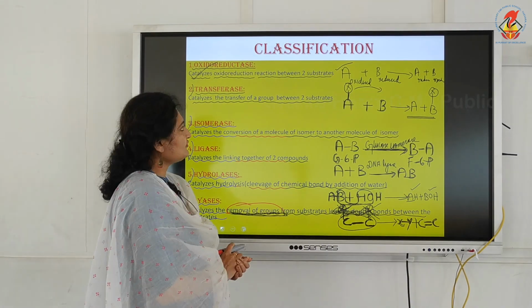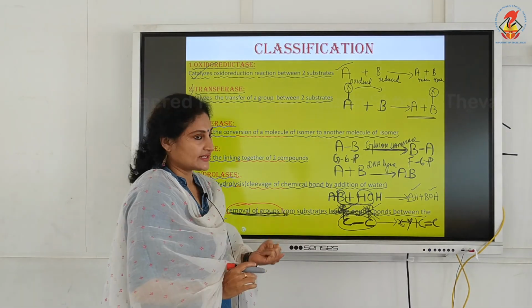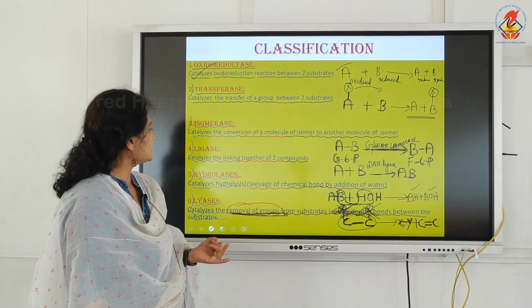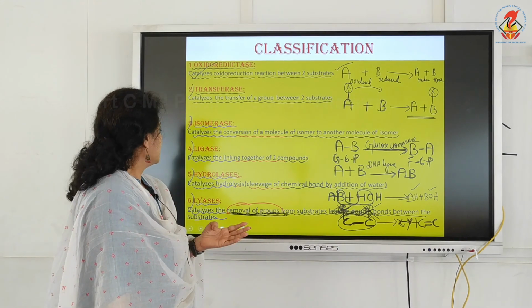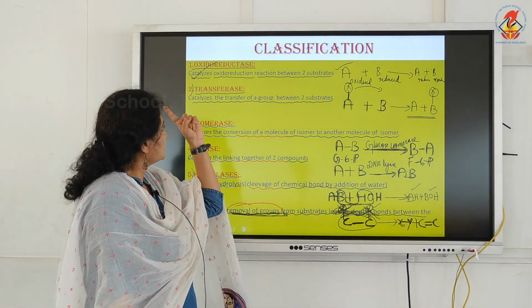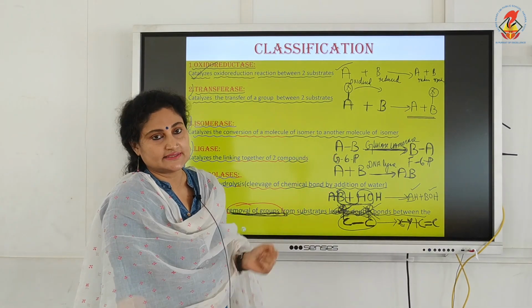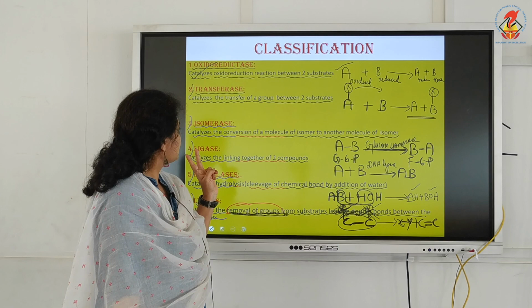So, once again we have 6 categories of enzymes: oxidoreductases, transferases, isomerases, ligases, hydrolases and lyases. You should know its function and the symbolic representation or mnemonics against each. And only in 2 places I have cited an example.